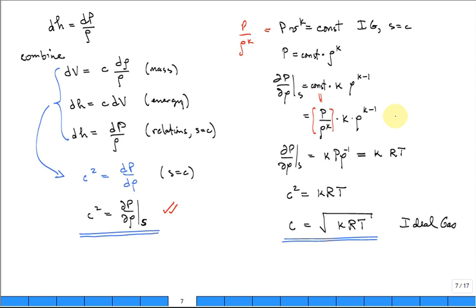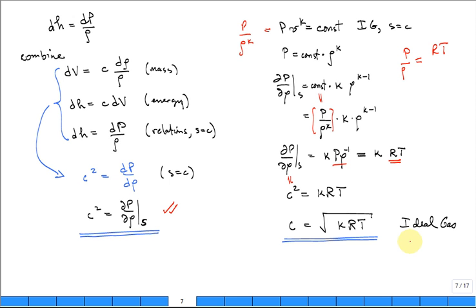But it's an ideal gas, so P is equal to rho RT, or P over rho is equal to RT. You're putting the pieces of the puzzle together. So you can replace that by RT, and now you see that that's equal to c squared. So c is equal to the square root of kRT.